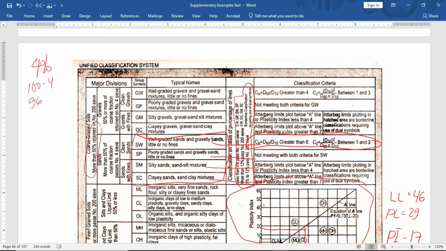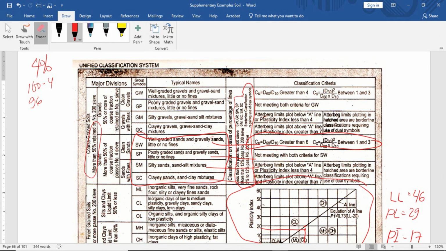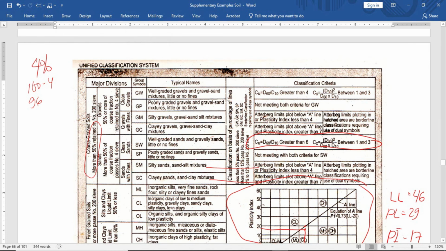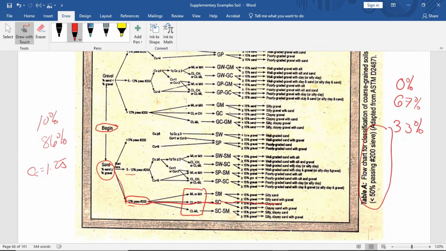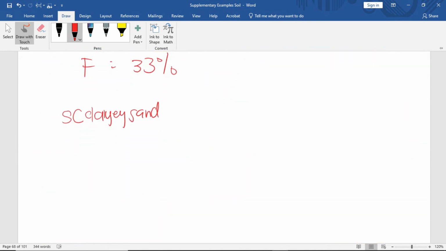Pagkatapos nun, titingnan natin ulit dito. Compute natin yung coarse fraction natin. Meron tayong tinatawag na coarse fraction.